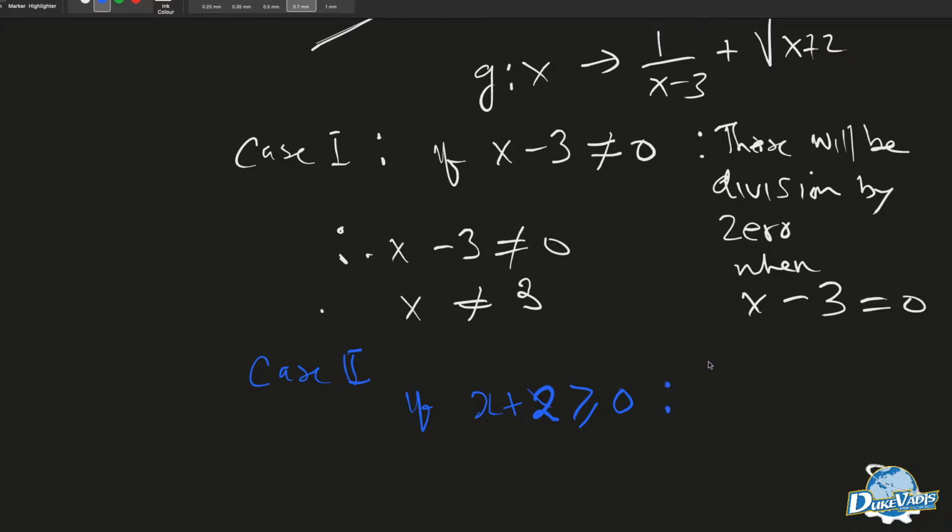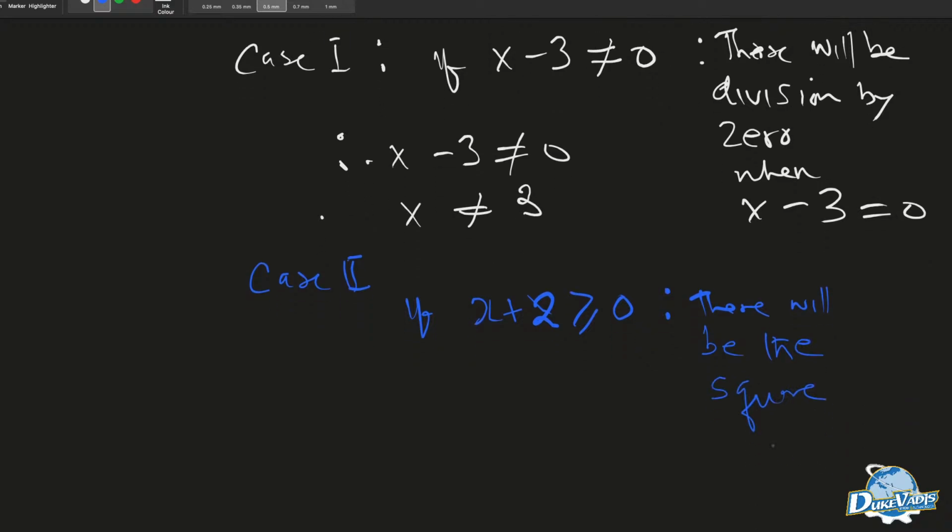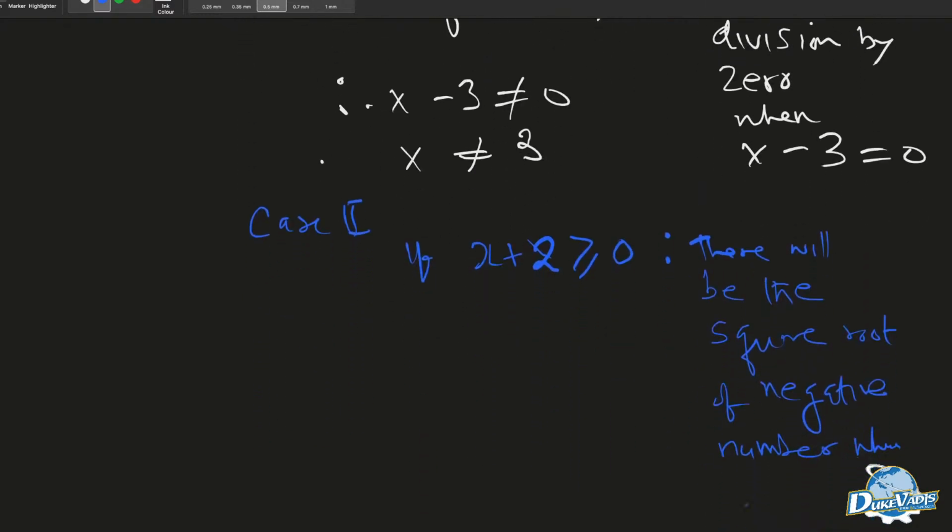The condition for this one is there will be the square root of a negative number when x plus 2 is less than 0.